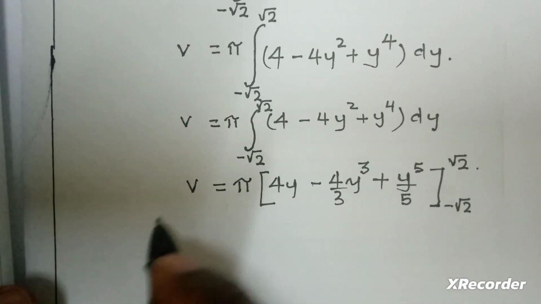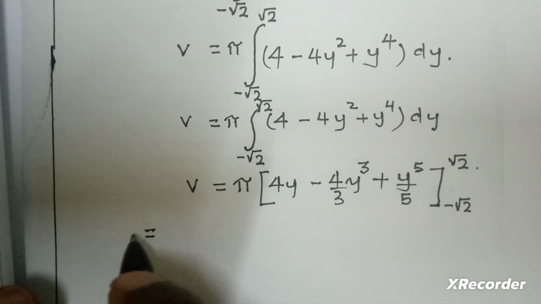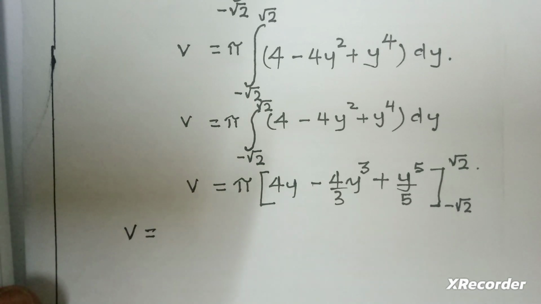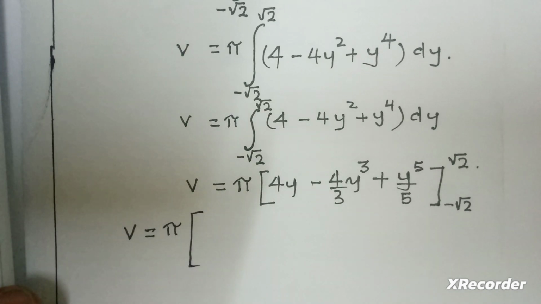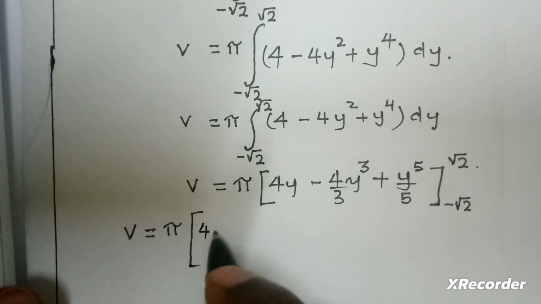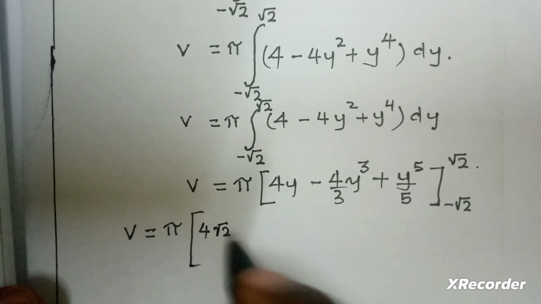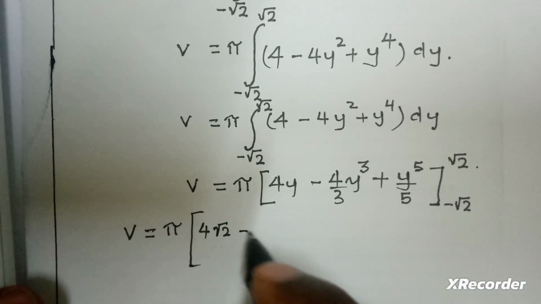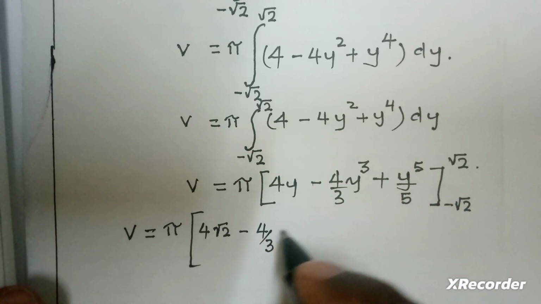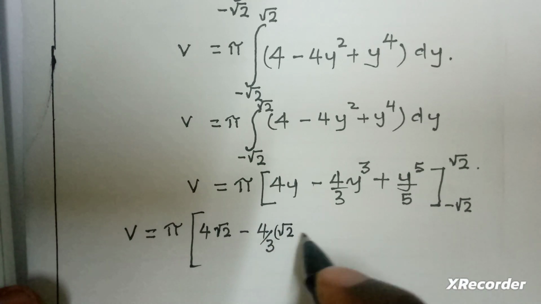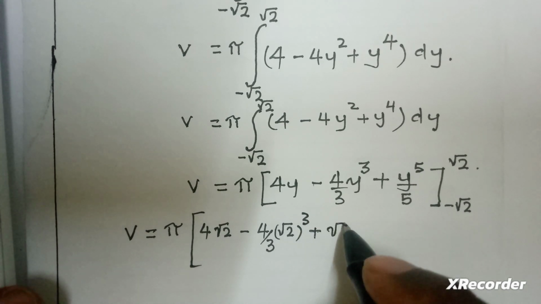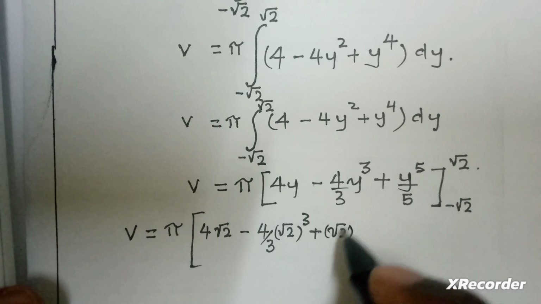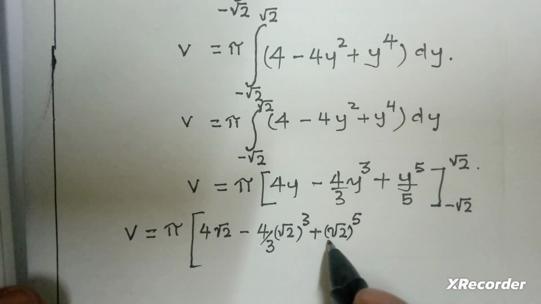So, guys, V will be equal to pi, and then we put a bracket like that. The first one will be 4 root 2, we put this one first, minus 4 over 3 root 2 raised to 3, plus root 2 raised to 5 all over 5.